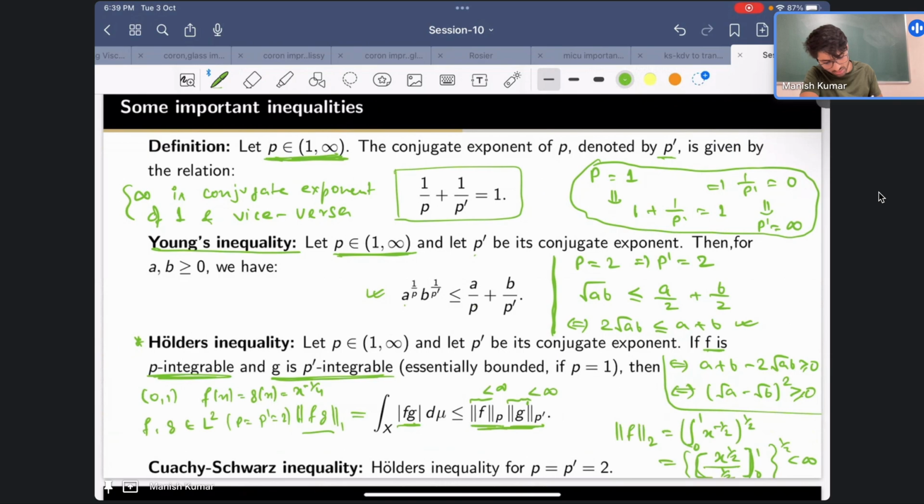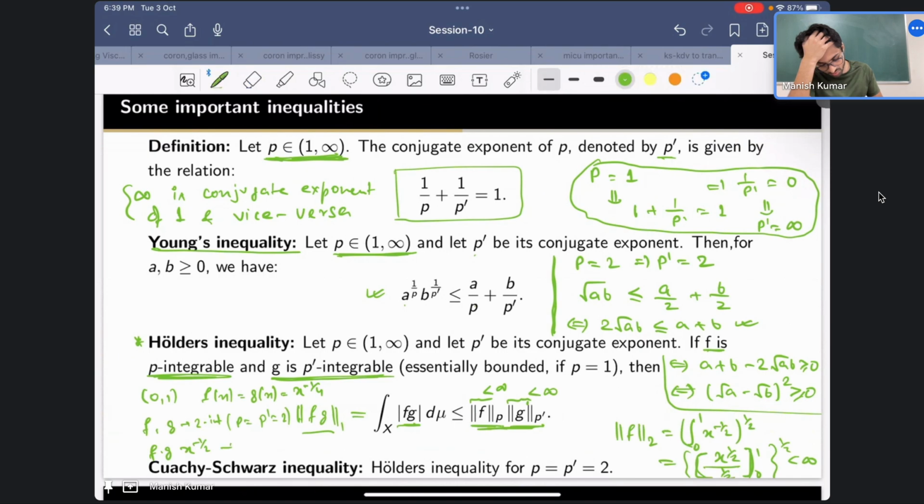Then this result says that if you multiply these functions f and g, you get x raised to the power minus half, and this is in L1. Oh, I should not write L1. So suppose f and g are 2 integrable, then this result says that the product f into g is 1 integrable.